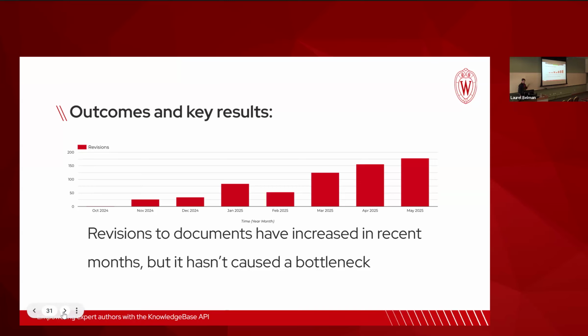And at the same time, the revisions to the documents have also increased, but this hasn't created the bottleneck that we had feared. We've seen hundreds of minor revisions to the documents, and thankfully, since we've empowered the subject matter experts to use the API-based headless CMS to make their edits, it's kept our time freed up to help them produce better documents.